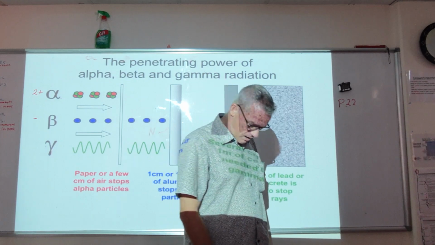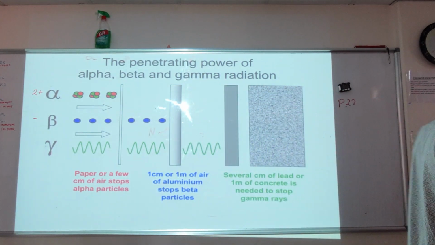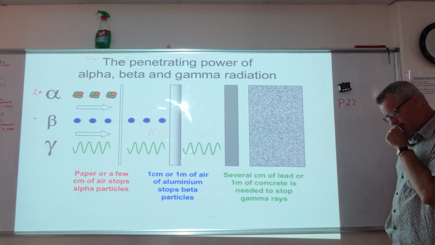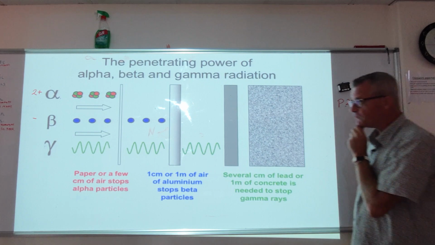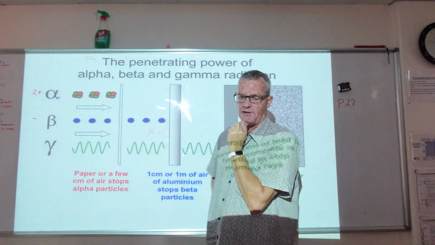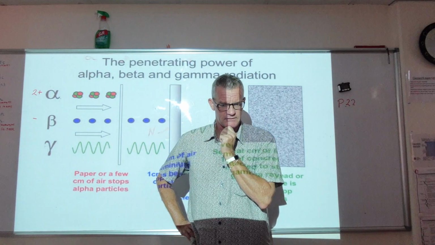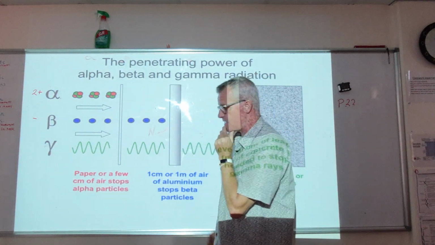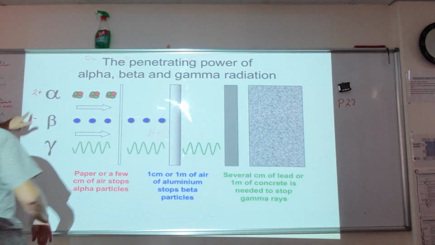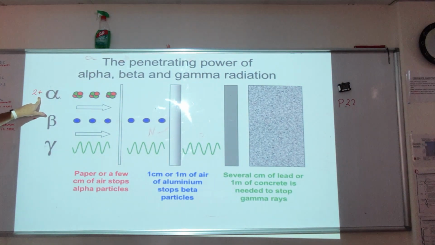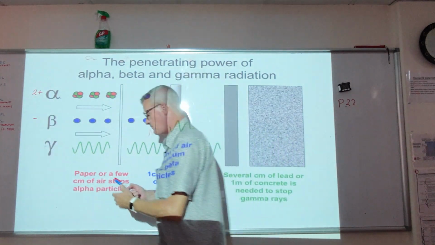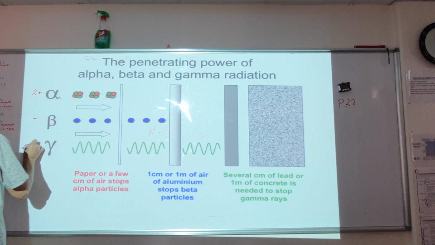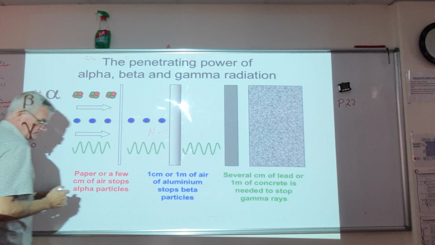Now, when we have radiation, how do they behave when we put them in a magnetic field or in an electric field? Now, I said already, alpha has a charge of 2 plus, beta has a charge of minus 1, the charge of gamma is 0.